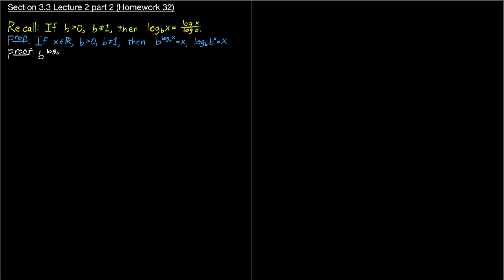b to the log base b of x is exp of log base b of x times log b. That is to say exp of log x over log b, times log b. Then just cancel the log b's, cancel exp with log, and you're just left with x.